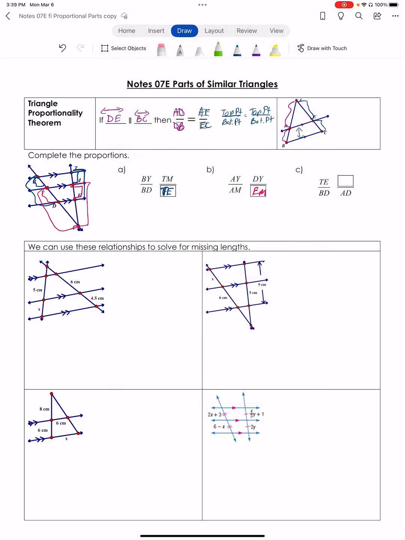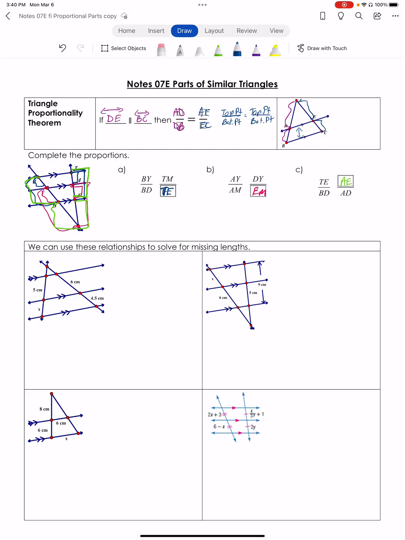So we look for that correspondence. Last one is TE over BD is equal to what over AD? Well, the corresponding side would be AE over AD. So we're really careful about those relationships.